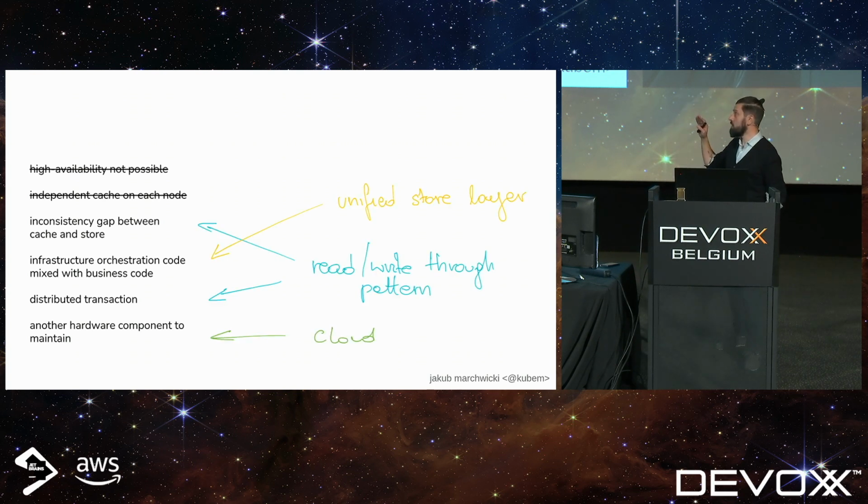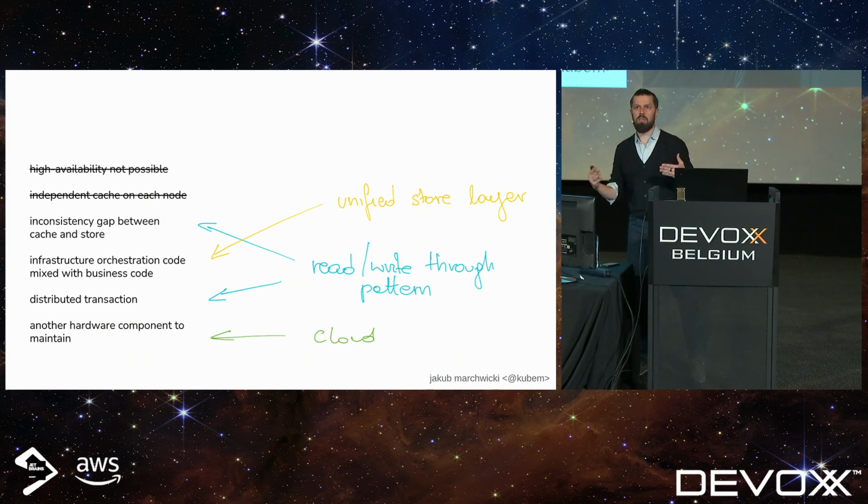For managing hardware, we can go to the cloud, let's say we get a managed service. The other two, inconsistency gap and the distributed transaction, we can somehow mitigate through another pattern, which is the read or write through pattern. And the mixture of infrastructure code with the business code, we can address through unifying the layer of storage.